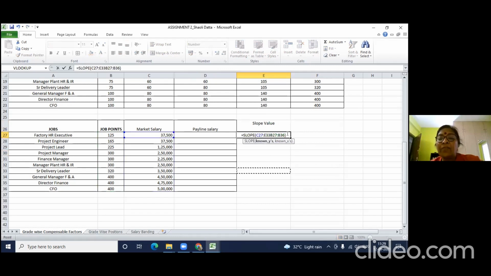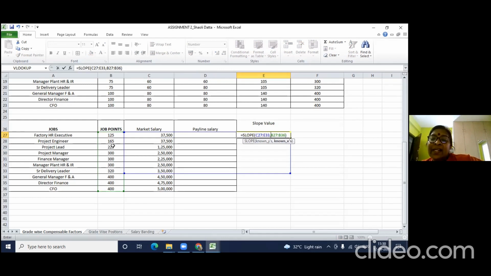Okay. Now you have done the slope. Now, just like the way you have calculated the slope value, please calculate the intercept value. How will you calculate the intercept value? Again, go to the function and then ask for intercept. It will again ask for two known y's and known x's.